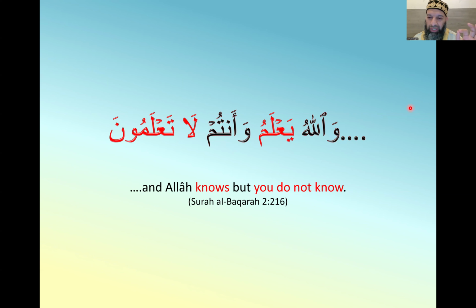I still find it powerful that in Arabic, you can see it stronger. Allah subhanahu wa ta'ala knows and you do not know. You might do a dua to Allah for something and He gives you something else.